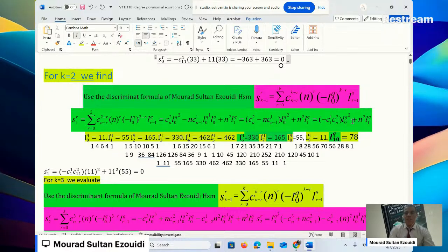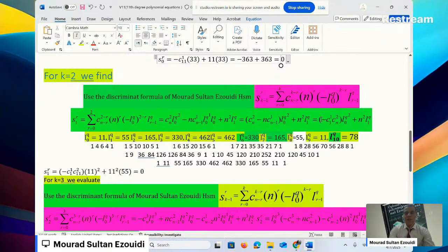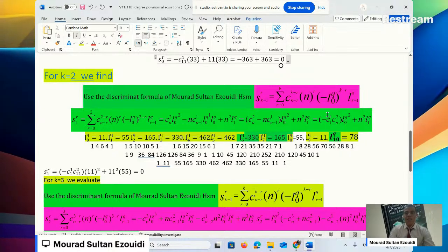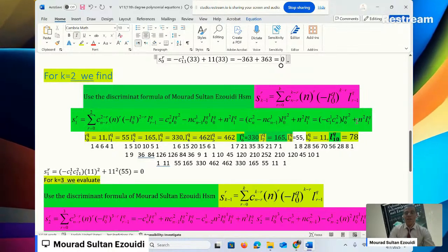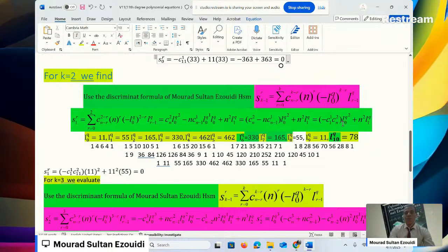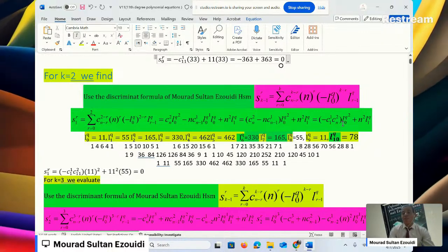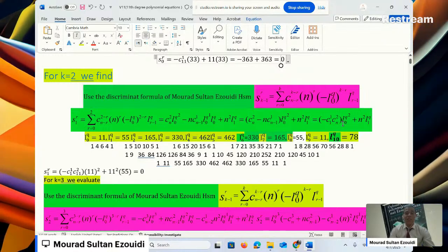So if you are working with a second degree equation, this one is the second coefficient of my new second degree equation, which is equal to the negative sum of the discriminant formula that we already know for a quadratic equation.